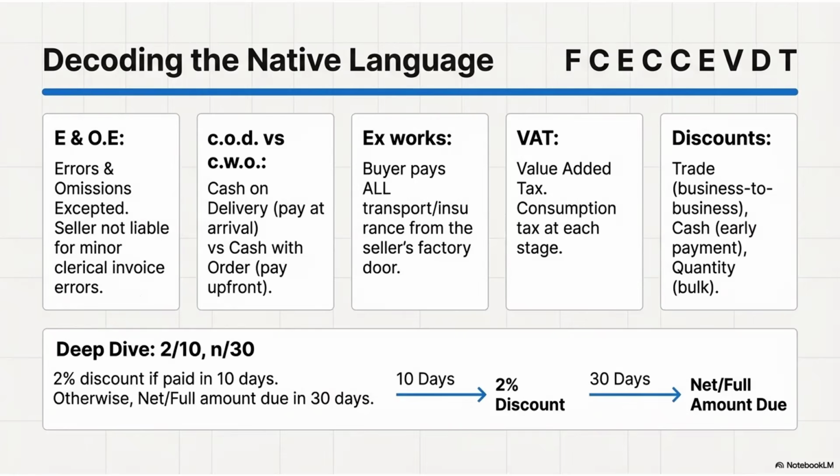That's how that reads. 2/10 net 30. 2% discount if you pay within 10 days, but the full amount is due in 30 days. Everybody good? Yes, sir.